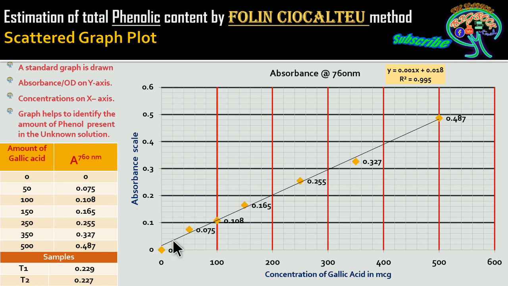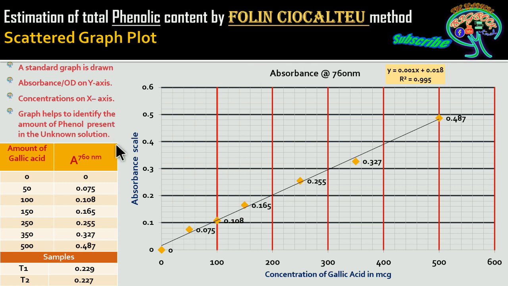Then you run the trend line, or linear regression line, both names refer to the same, and you are going to get the values here. Further, you are going to subject these values to the formula, which we will discuss further.